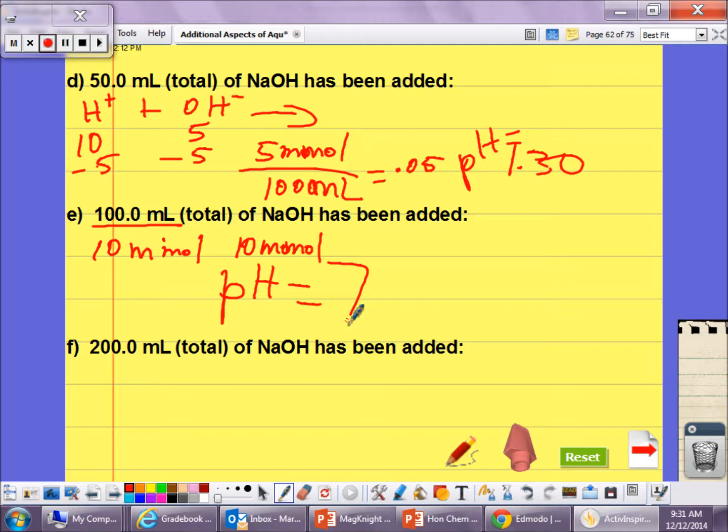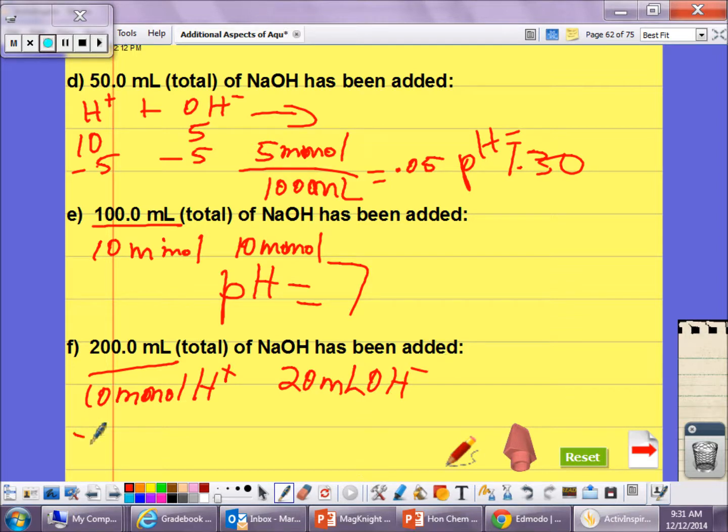Okay, how about 200 ml of NaOH having been added? I still have 10 millimoles of my H plus. Now I have 200 times 0.1, which gives you 20 millimoles of my OH minus. Which one is the limiting?